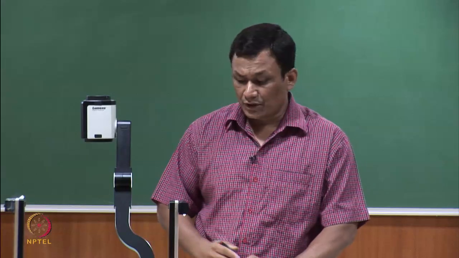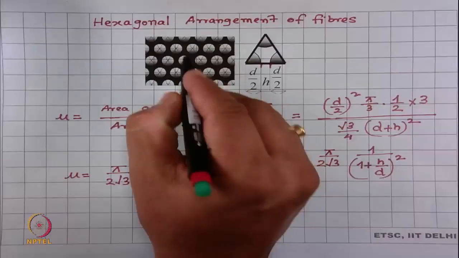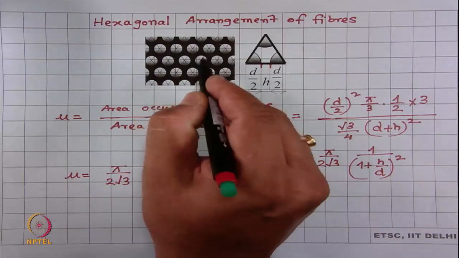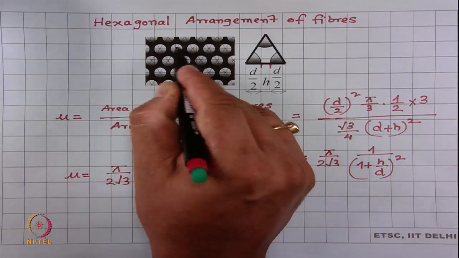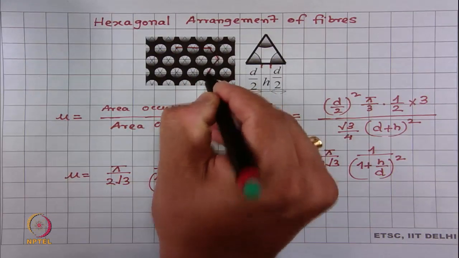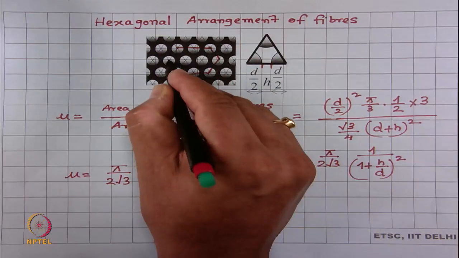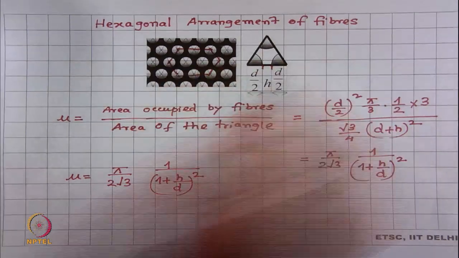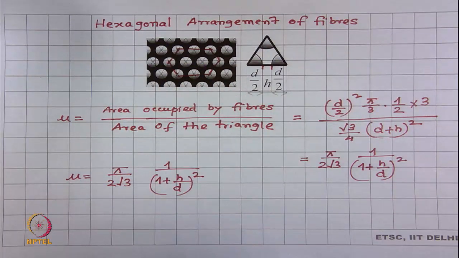So, in this model fibers are packed in a hexagonal manner. You can see this hexagon. Now, we need to find out packing density of this model structure.